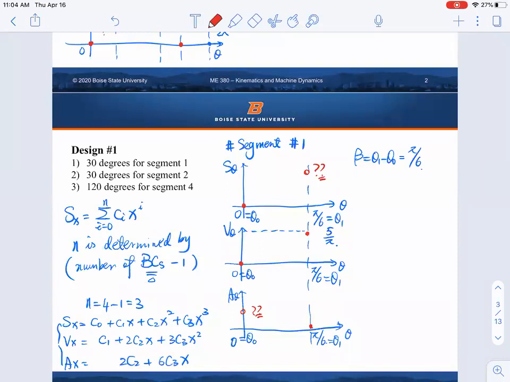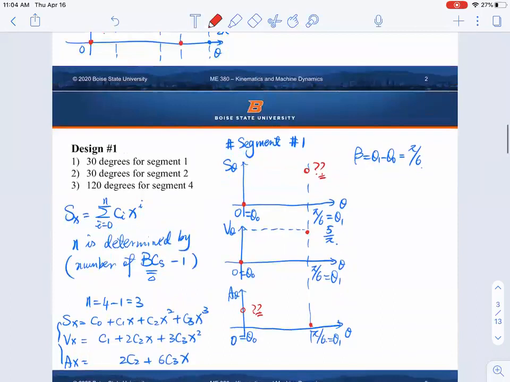So what you do is, for segment number 1, your theta 1 equals pi over 6. So this point is your S theta when theta equals pi over 6. And then this point is your A theta, theta equal to 0.